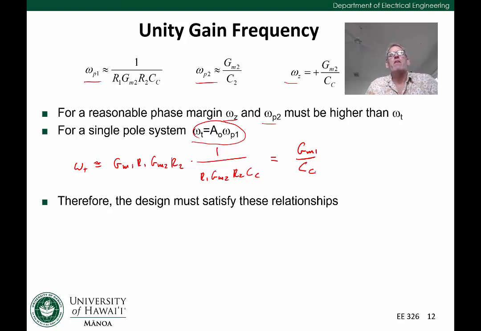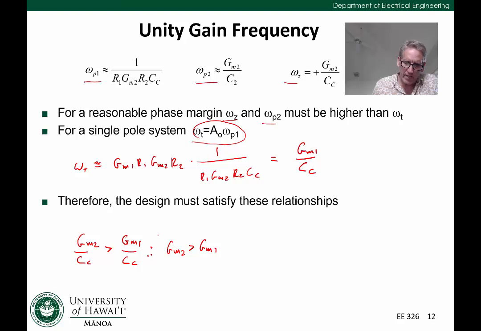So what we need for stability purposes, right, we need omega p2 and omega z to be higher than omega t. So let's start with omega z, and we can write that GM2 over CC must be greater than GM1 over CC, right? Therefore, GM2 must be greater than GM1. So that gives us one design equation. We want the transconductance of the second stage to be larger than the transconductance of the first stage.